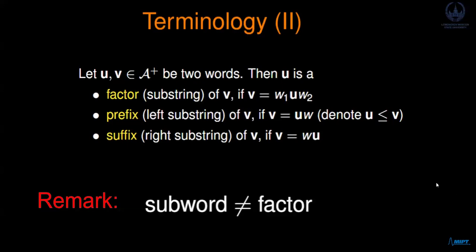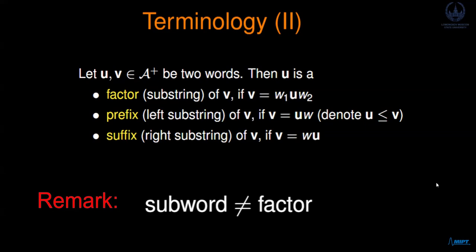Next, let's expand on the terminology by defining a few more important concepts: factors, prefixes, and suffixes. Given two non-empty words, U and V, over an alphabet. First, we say that U is a factor or substring of V if we can write V as W1 U W2, meaning that U appears somewhere in the middle of V, with potentially some letters before and after.